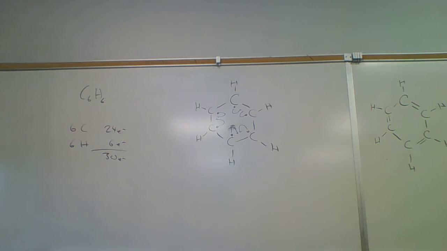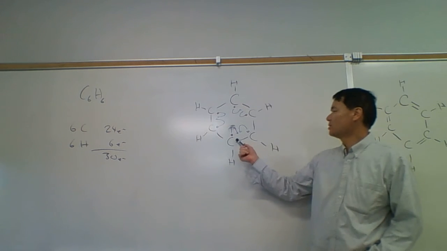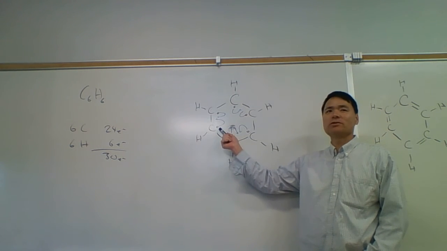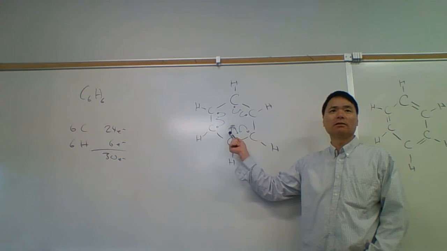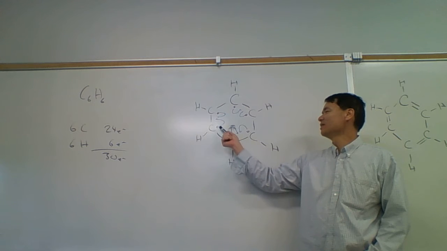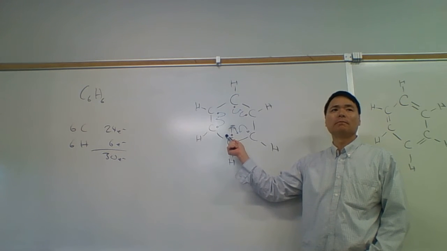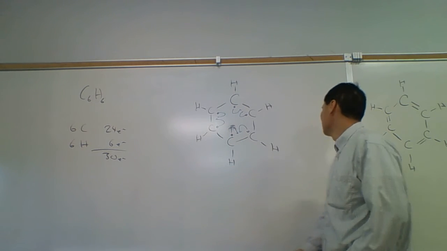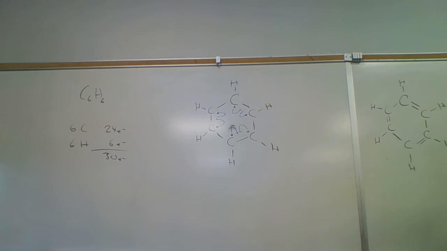However, why did I choose this bond here? Did you see? I could have chosen this bond here to make the double. I just take this one and then share them. And it turns out that, yeah, sure, I could have done that.